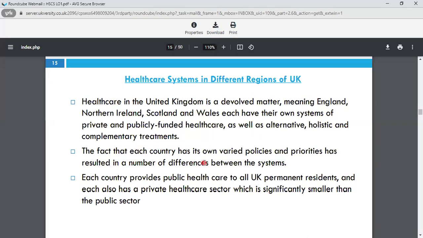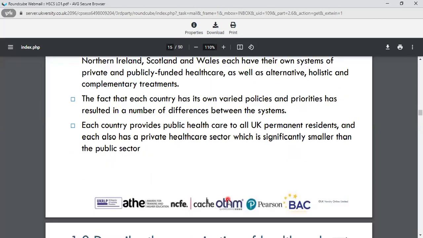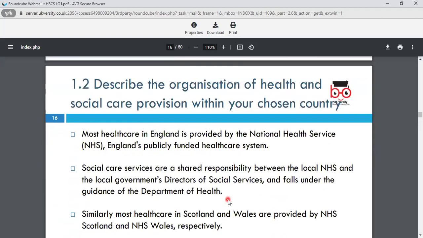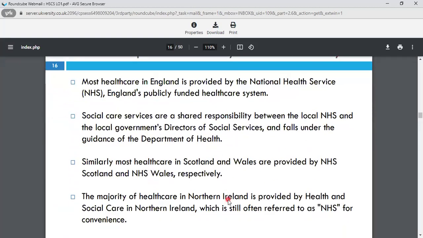The fact that each country has its own varied policies and priorities has resulted in a number of differences between the systems. Each country provides public healthcare to all UK permanent residents, and each also has a private healthcare sector, which is significantly smaller than the public sector. Most healthcare in England is provided by the NHS, which is public.